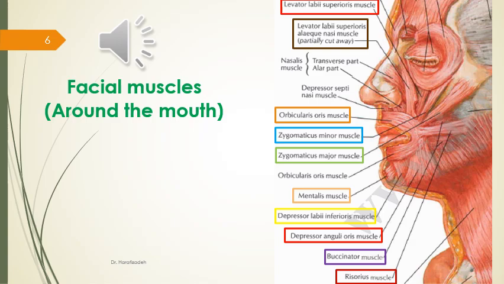Zygomaticus minor and zygomaticus major. These muscles I show you with blue and green. They originate from the zygomatic bone and descend to the mouth.